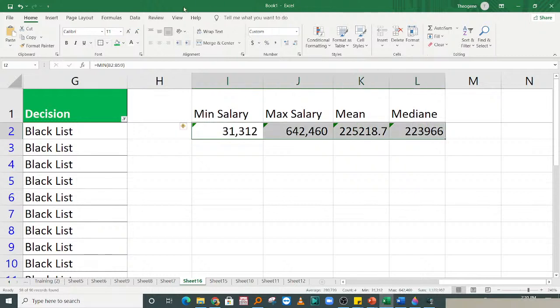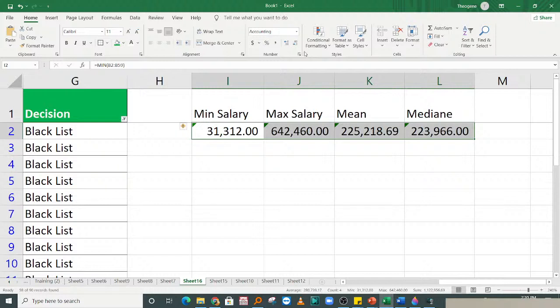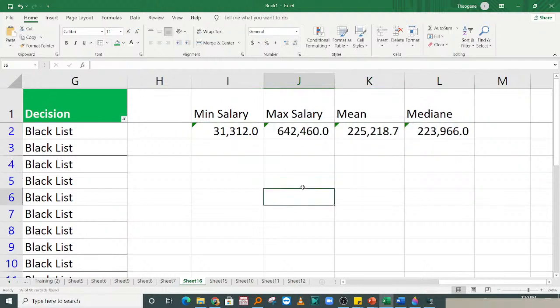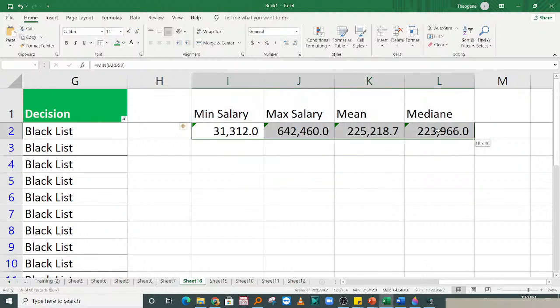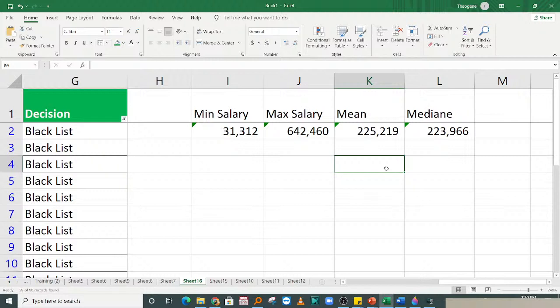Okay, whereas the median means the middle value. So the middle value from our sequence or from our range is 223,000. Okay, so what does it mean in Kinyarwanda?